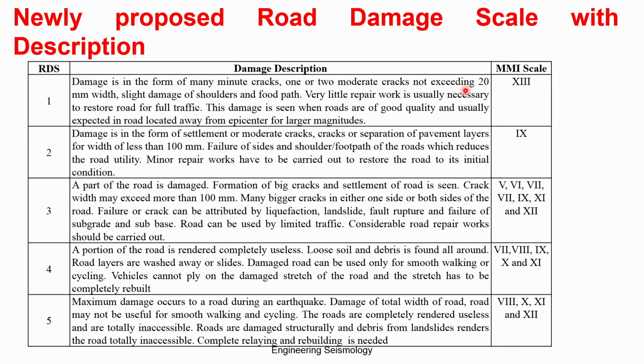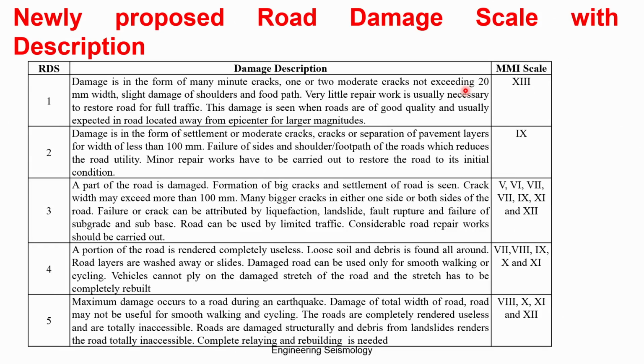Then the fourth is where the road is almost rendered completely useless, and loose soil and debris are found on the road. The road layers are crushed, so a damaged road can be used only for walking. That is the fourth. And the fifth category is where it is not possible to use the road at all.